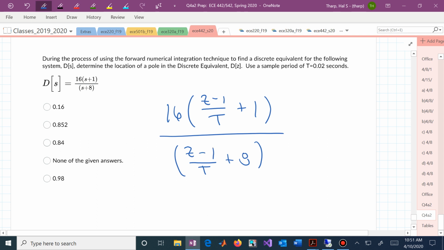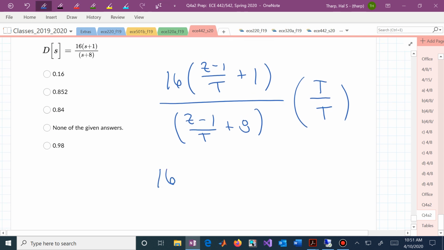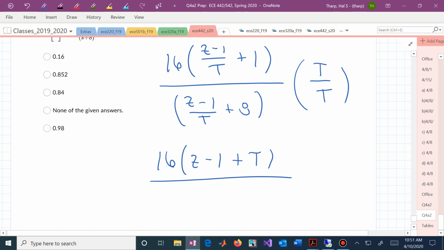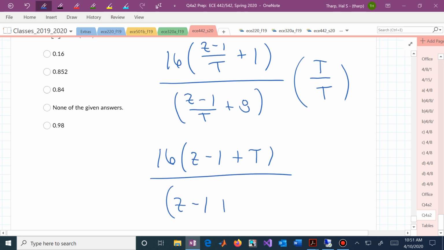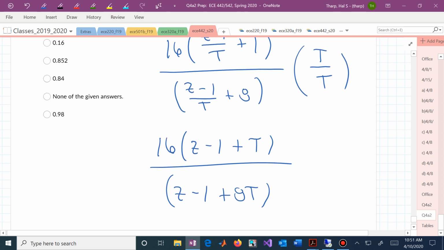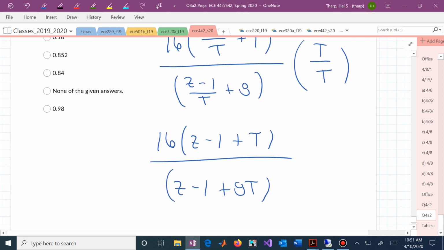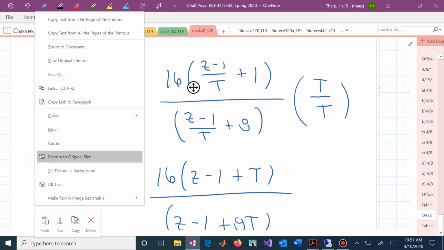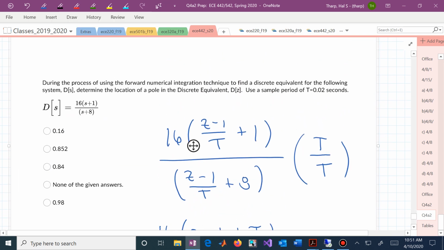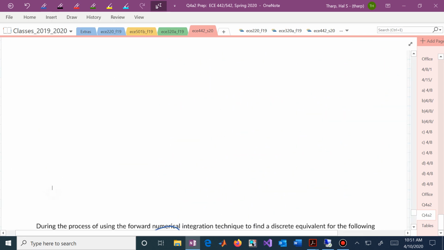Here my number 1 can just be T over T, and I have 16 times z minus 1 plus T over z minus 1 plus 8T, and I can now find what was asked for, which I think was a pole in this case.